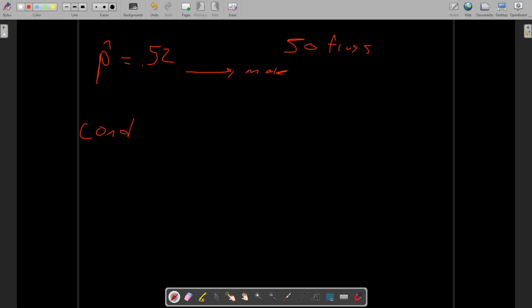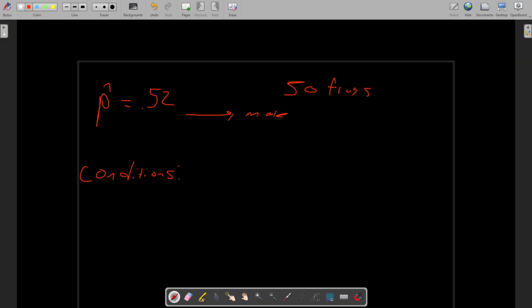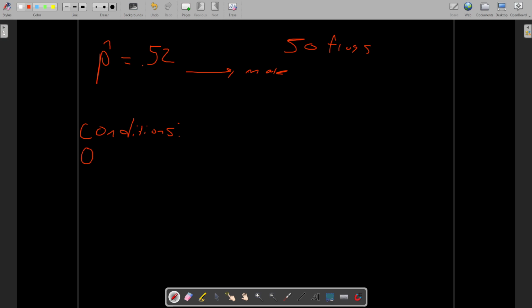So, conditions are going to be basically the same as the other one. So we have one, that p hat is from a random sample. Right? Simple random sample. You probably shouldn't abbreviate that, but I'm going to.